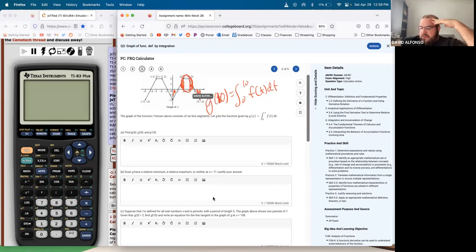So that just leaves you with an area of 2, right? But from 0 to 10, you got 2 of these, so you would end up with an area of 4. So g of 10 would be equal to 4. Because from 0 to 5, it's 2, so from 5 to 10, it would be 2 as well. So 2 plus 2 is 4.